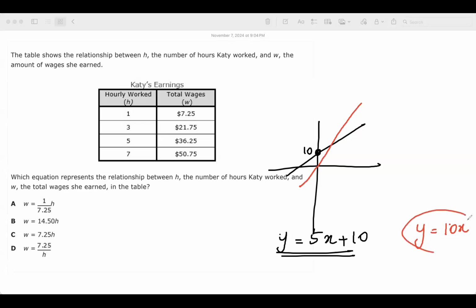Now, do you see the difference? In a multiplicative relationship, the y-intercept is 0. The line always goes through the 0, 0 point. In an additive relationship, it doesn't pass through the 0, 0 point.